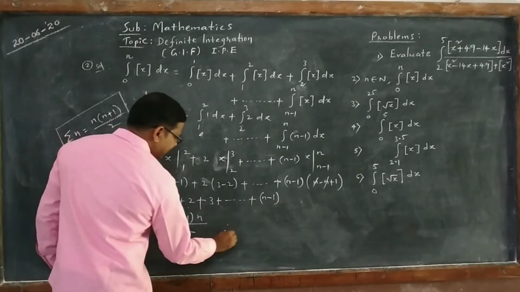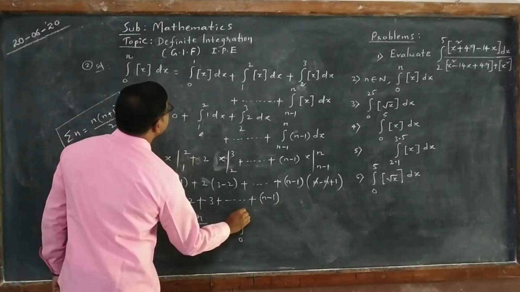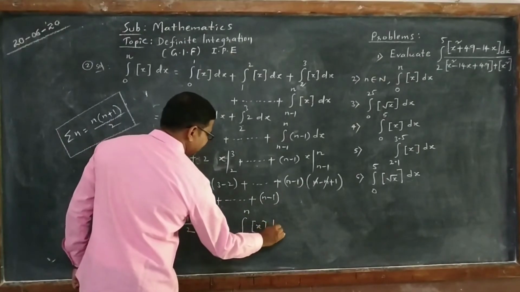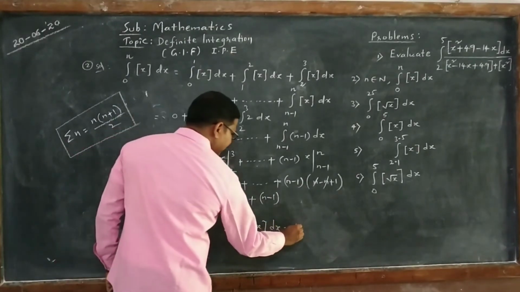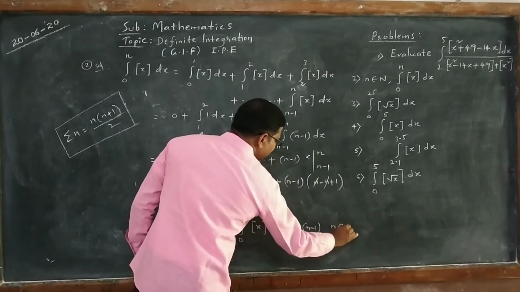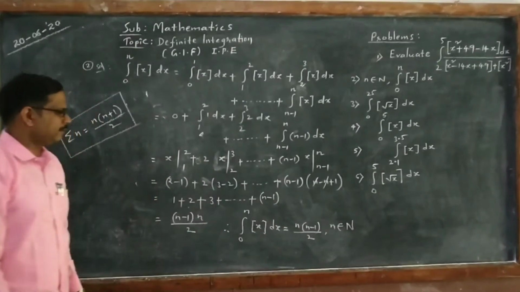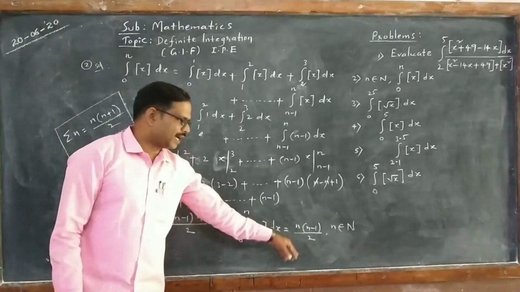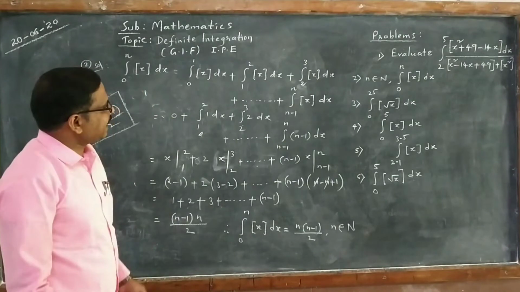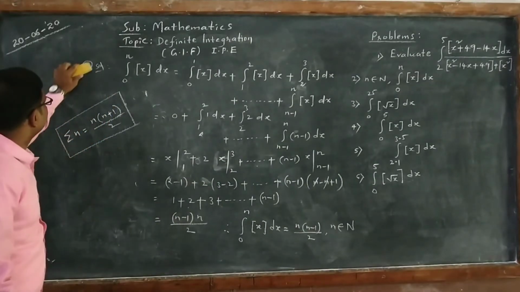So what is my answer? Integral 0 to n of [x] dx is equal to n of n minus 1 by 2, where n belongs to natural numbers. This you can use as a formula. Is that clear? Let us see the third problem.